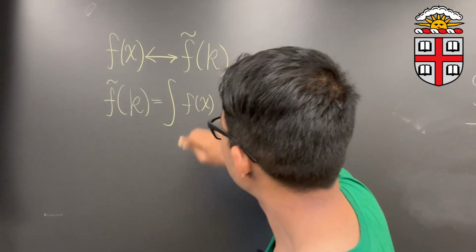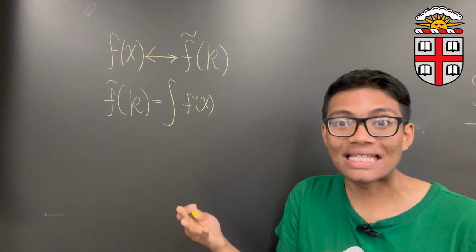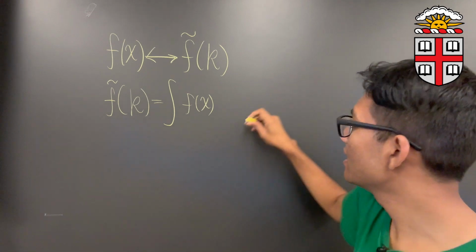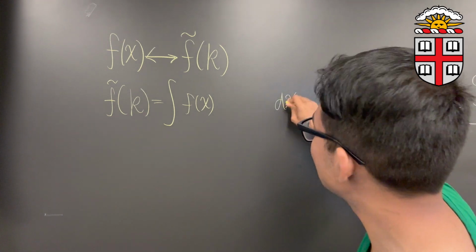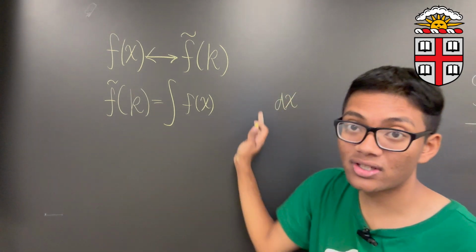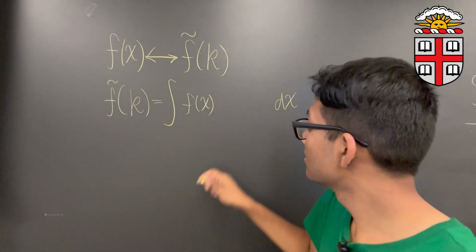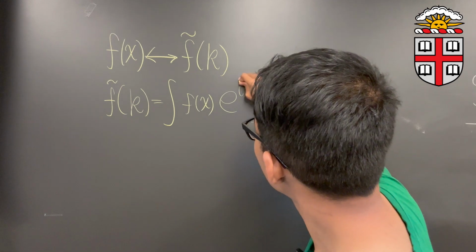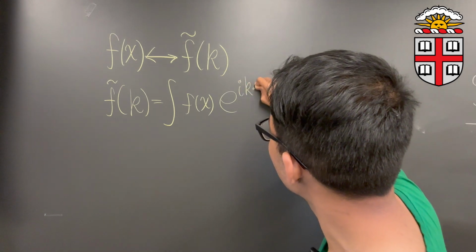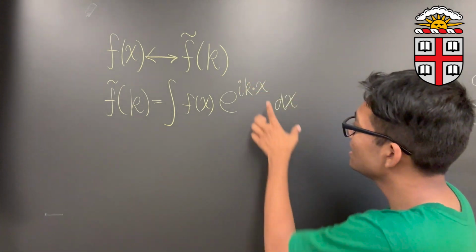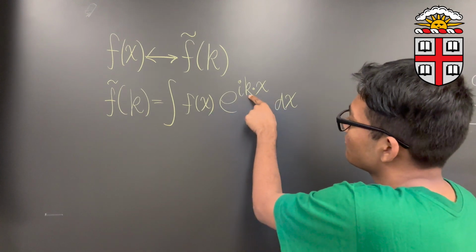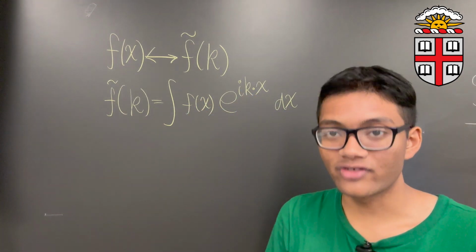Of course, we're integrating out the x so that we're just left with k. So you already know this is going to be dx, and then some kind of a function involving k. Well, that function turns out to be a plane wave. And we know what a plane wave is, don't we? It's just e to the i k dot x. So you can see all the x's are being integrated out, leaving us with a function of just k.